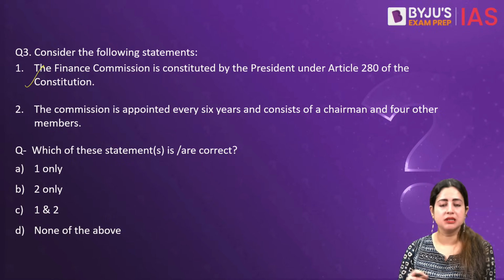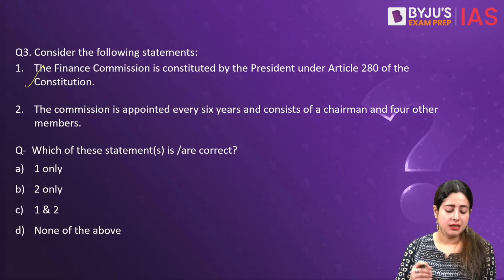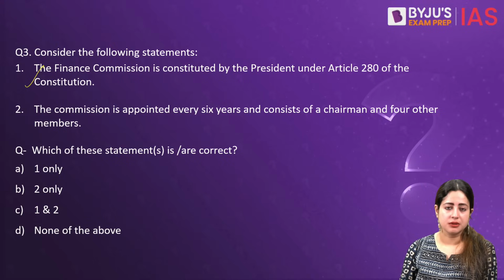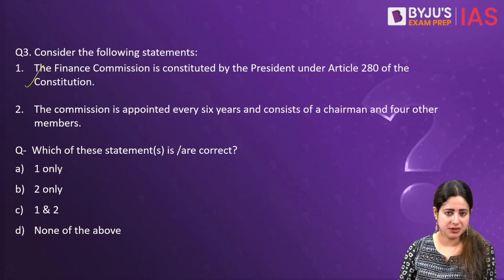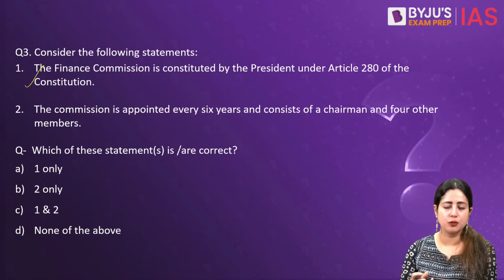Indeed, under Article 280, the President appoints the Finance Commission to primarily look into revenue resources distribution between the centre and the state governments. And hence the first statement is valid. Coming to the second statement, it says commission is appointed every 6 years and it consists of a chairman and 4 other members.